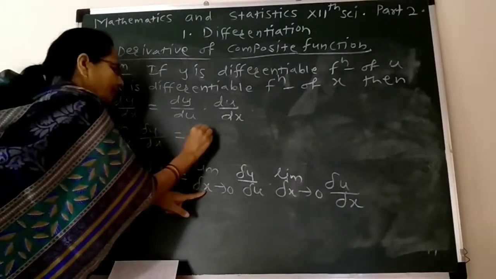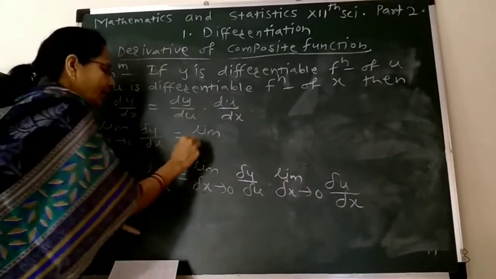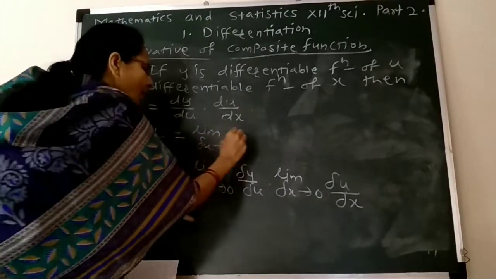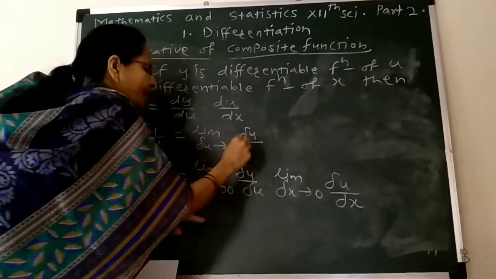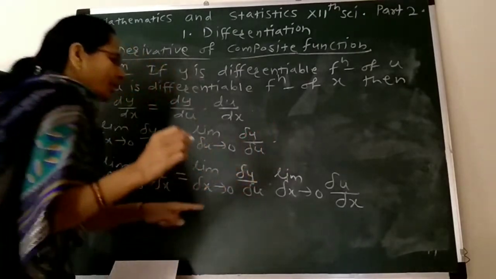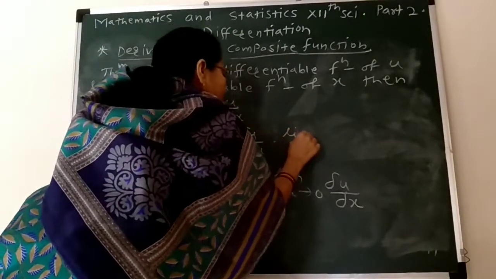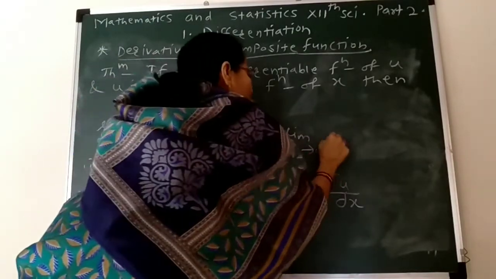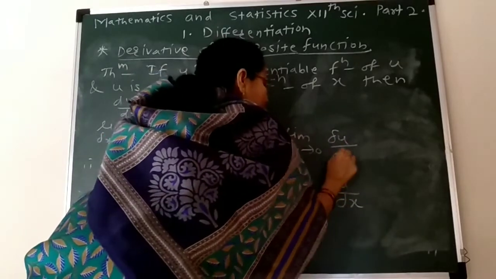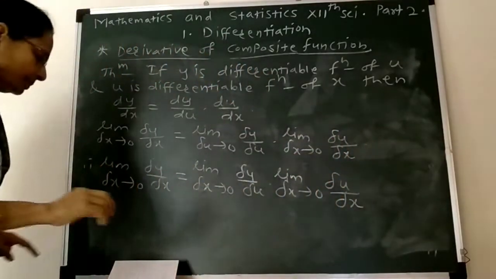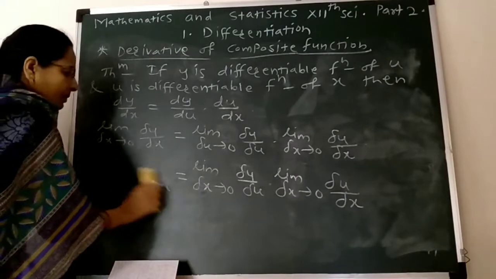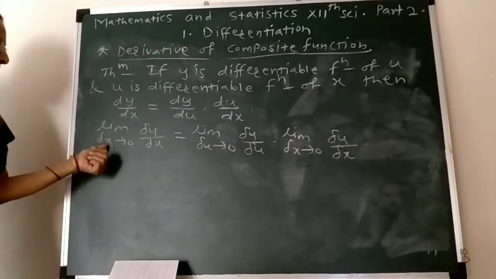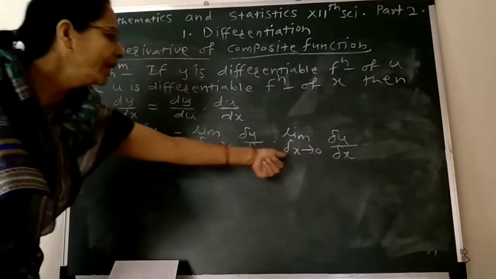So limit delta u tends to 0 of delta y by delta u, limit delta x tends to 0 of delta u by delta x. If we see now, then delta x, delta u, delta x.